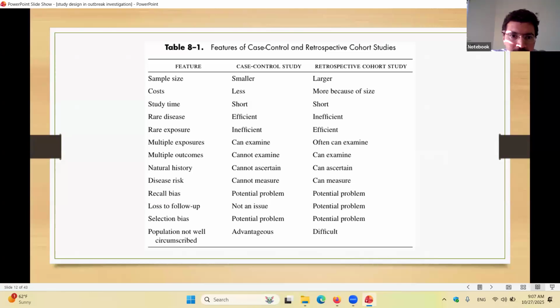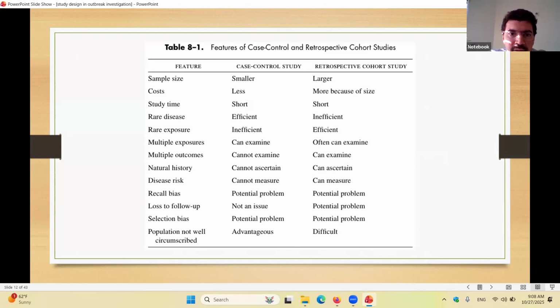I start from sample size. The first column is for case control study, and the next column is for retrospective cohort study.